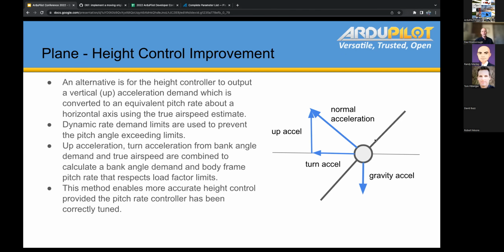Now, normally for normal flight, that's zero, but when you go to aerobatics, and you say, I want to achieve a trajectory, but I want my bank angle to be arbitrary, that's where we would actually have a normal acceleration demand and a lateral acceleration demand. And they can be translated to a pitch rate, a rate about the y-axis, and then a yaw rate, a rate about the z-axis. So yes, it could be integrated into this scheme.